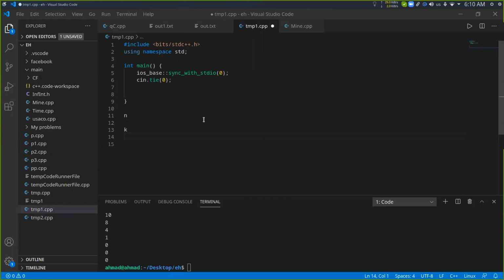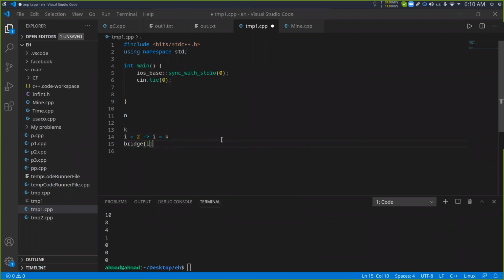To loop over every cell, we'll start from i equals 2, not 1, since it's 1-based indexing, until i equals k. And then check for every bridge.